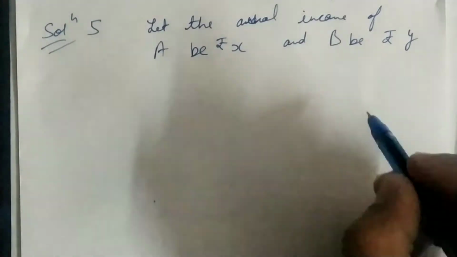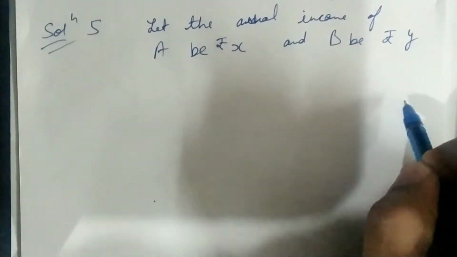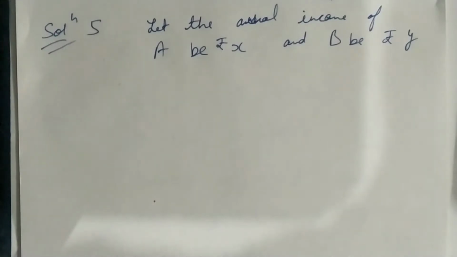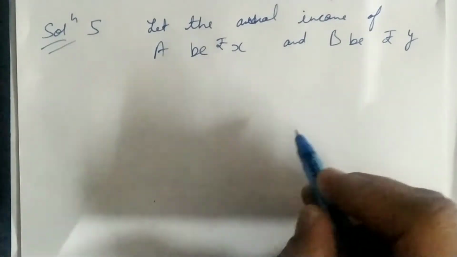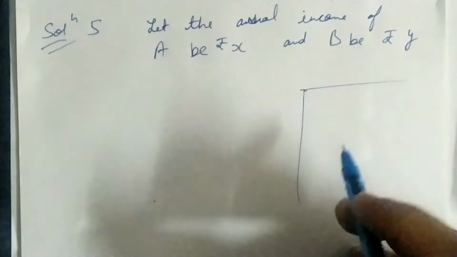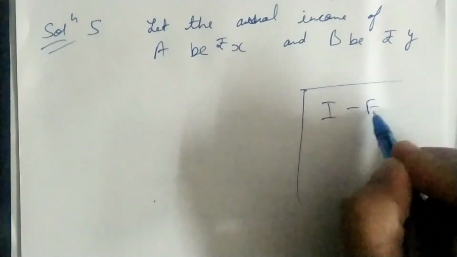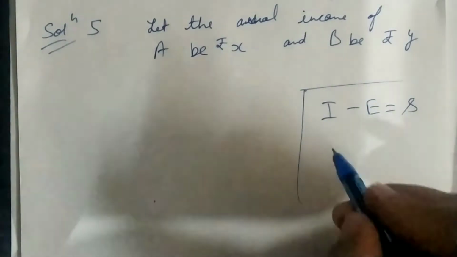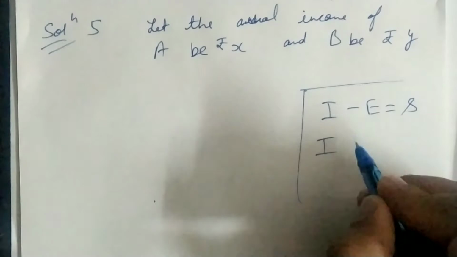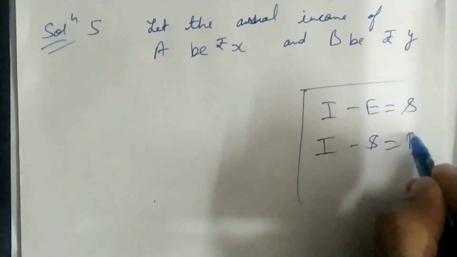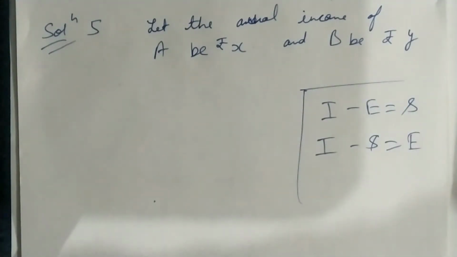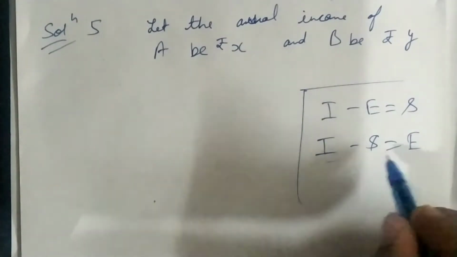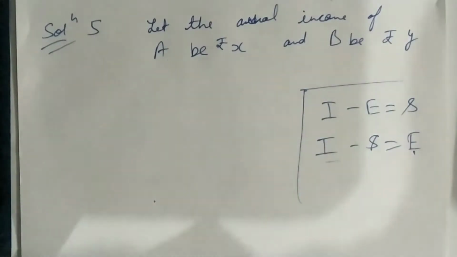So always income minus saving is equal to expenditure. So this is just rough. Income minus expenditure is equal to saving, or we can say income minus saving is equal to expenditure. So you have to remember, income minus saving is expenditure.